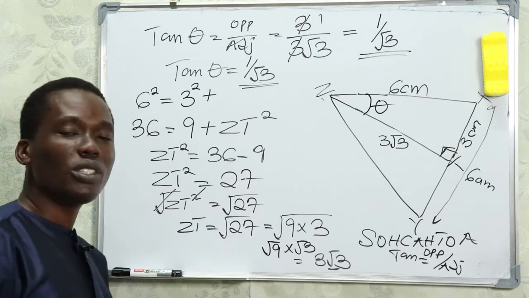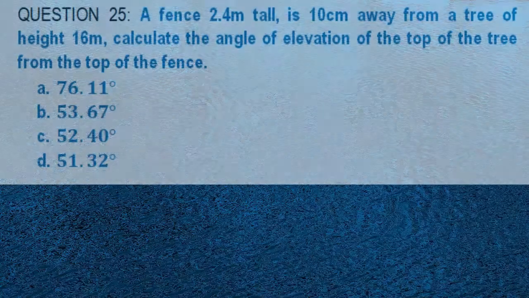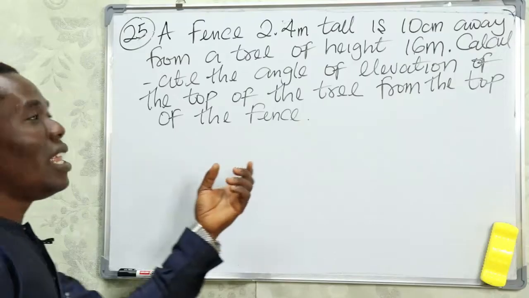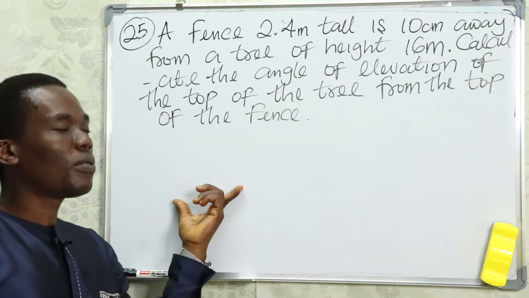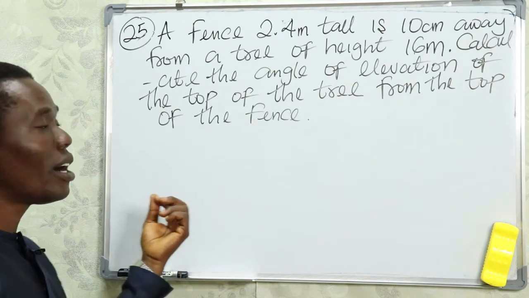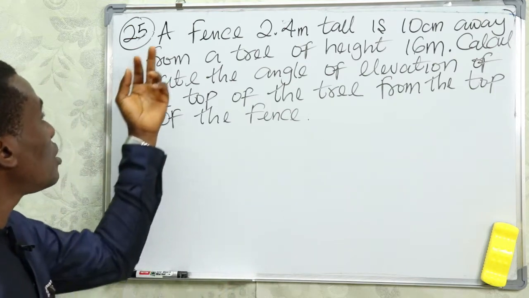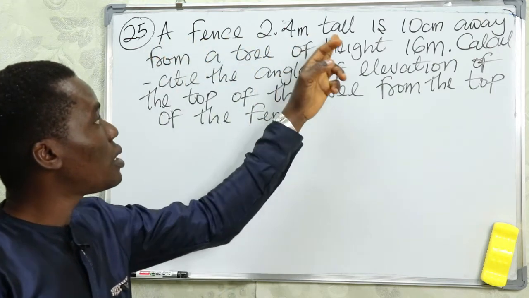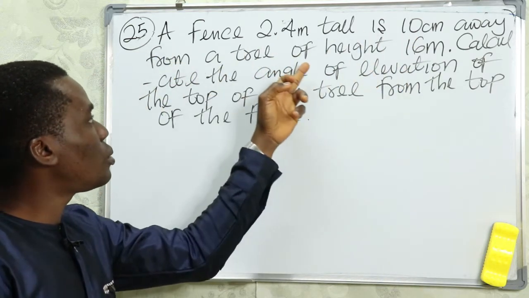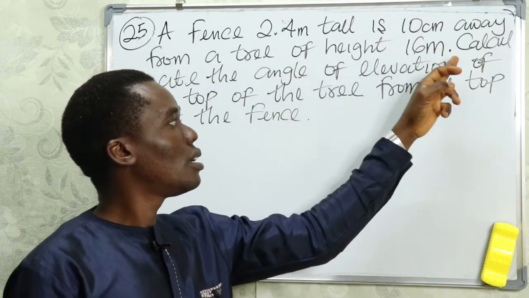Now let's look at question number 25. Question number 25 is a question on angle of elevation, and it says a fence 2.4 meter tall is 10 centimeter away from a tree of height 16 meter.